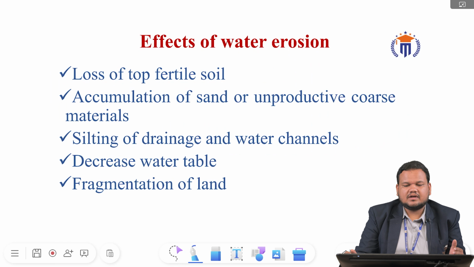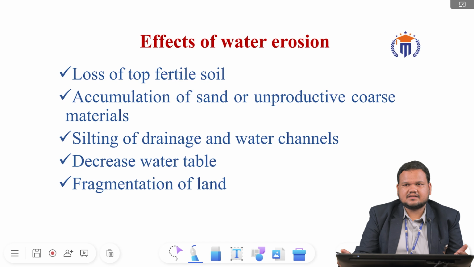Next, coming to the effects of water erosion. In the case of splash, rill or gully erosion, you can see uniform removal of the top fertile soil, which decreases soil productivity and also accumulates some sand particles, which is not congenial for the growth of plants. It also causes siltation of drainage and water channels, reducing the capacity of the water channels, particularly the reservoirs.